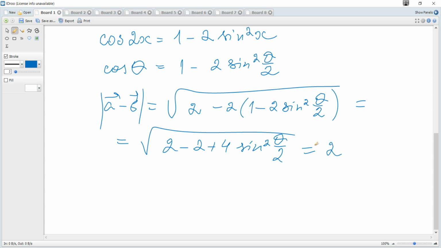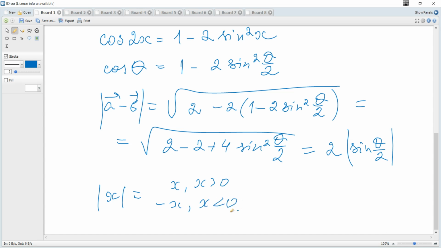It's 2, and the square root of sine squared. In general, it's sine of theta over 2 in absolute value. And you remember that the absolute value of a number x is just x when x is positive, and negative x when x is negative. And what about the plus or minus of sine?